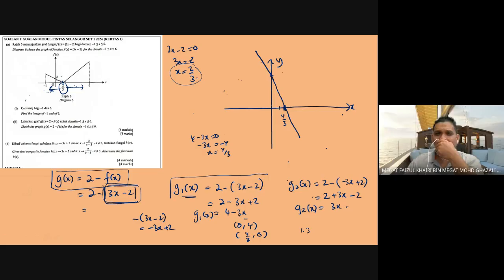Okay, so meaning the graph of this function, 4 minus 3x, comes from this, and we are referring to the basic definition of absolute value just now, which is 3x minus 2 for x greater than or equal to 2 over 3, and negative (3x minus 2) for x less than 2 over 3.